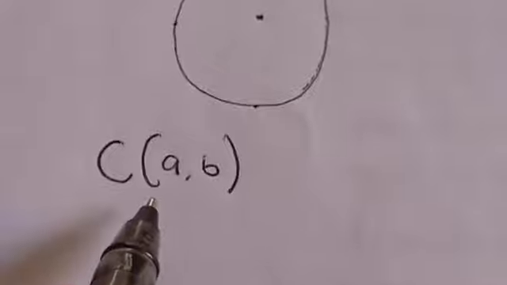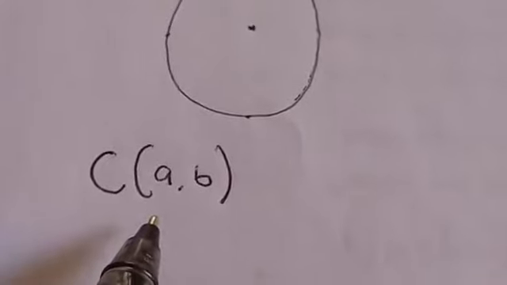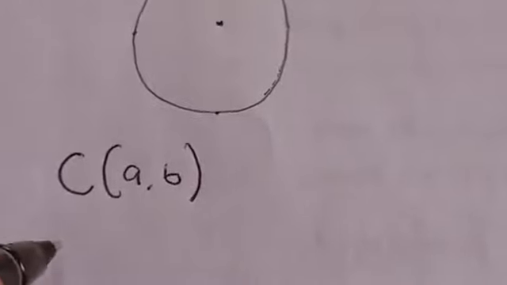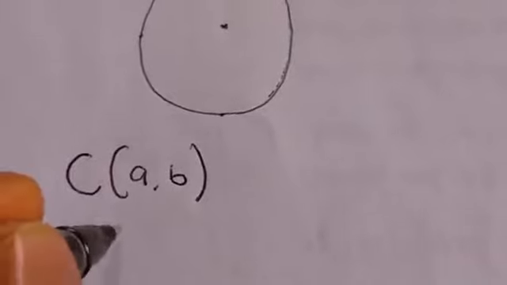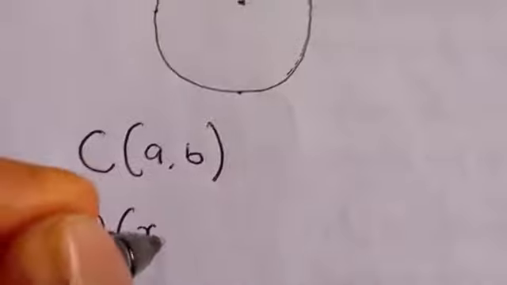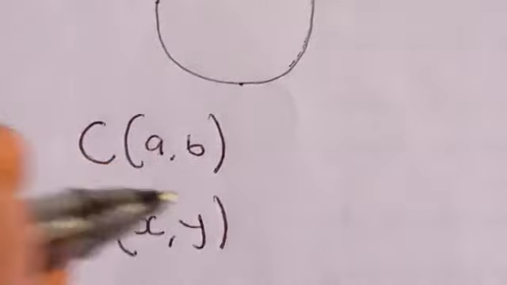Now, if this is the center of the circle, let's say P is any point in space, and again, let's use x, y to represent its coordinates. With this plane, this is our y-axis, while this is our x-axis.